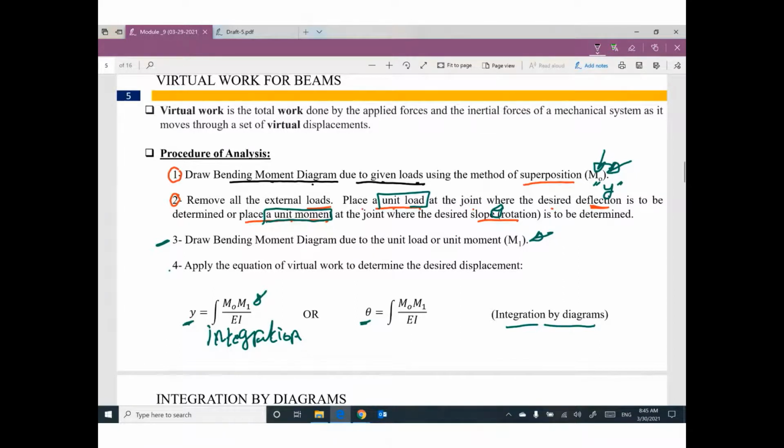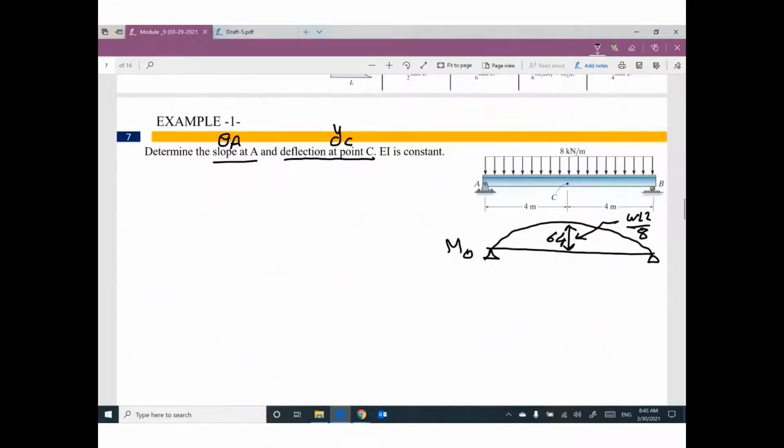Second step, remove all external load. Okay, I removed all the external load. No load.